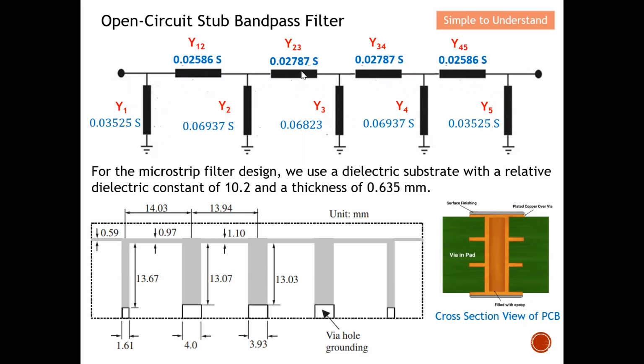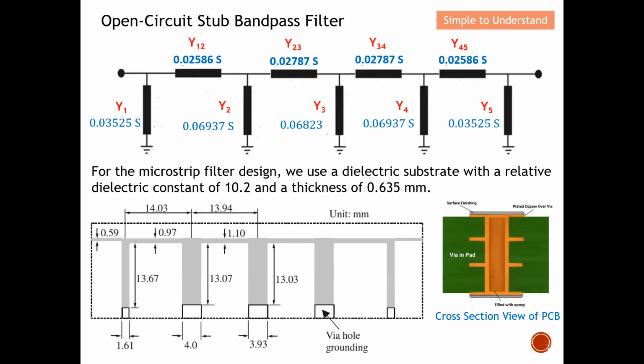In that video, I showed step by step how we can obtain all the admittance values of the connecting line and the short circuit stub. Basically, this is the outcome of the part 18 discussion. Based on all the admittance values, I can design a bandpass filter.